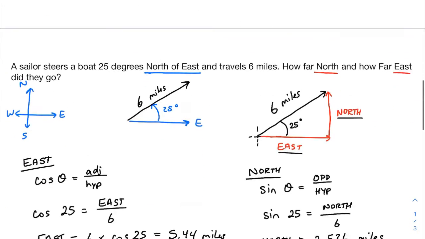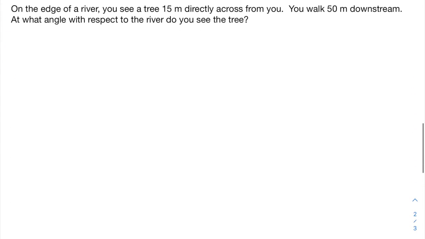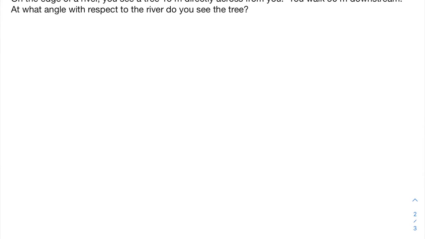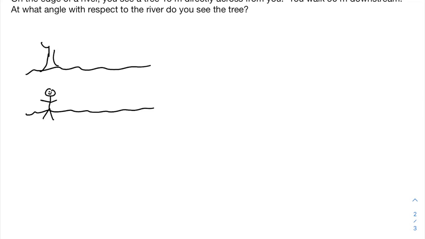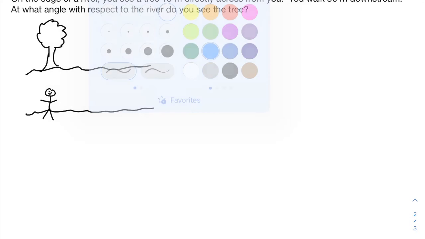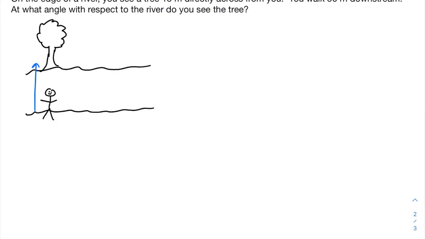So let's look at this second problem. It says on the edge of a river, you see a tree 15 meters directly across from you. So here's your river. It's going to show you my amazing artistic skills. So here I am at the edge of the river, and I see a nice tree here. And this tree, according to the problem, is 15 meters away from me.